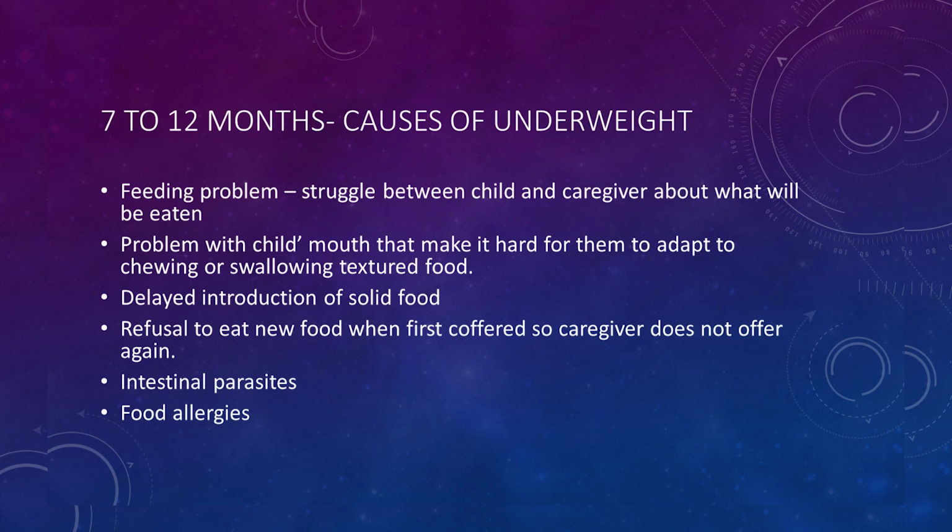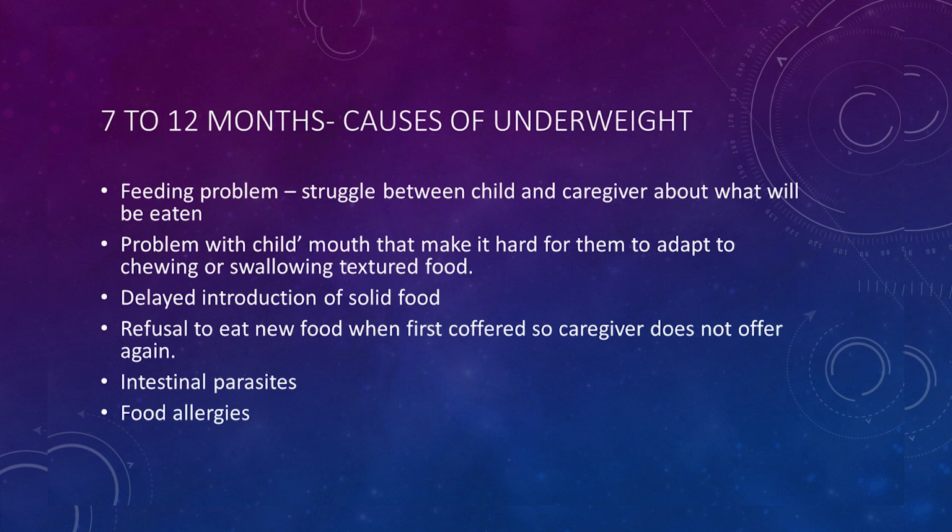Sometimes intestinal parasites, which are commonly found in this age group, cause the child not to eat, so the child's requirements are not met. Sometimes the child may have some food allergies, and because of the food allergies, again the requirements are not met.